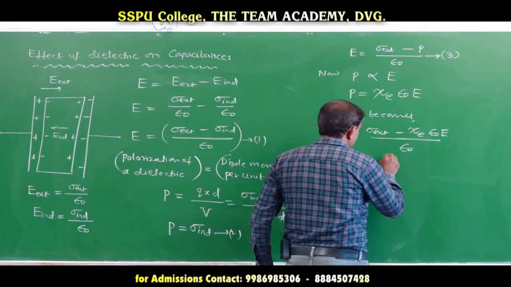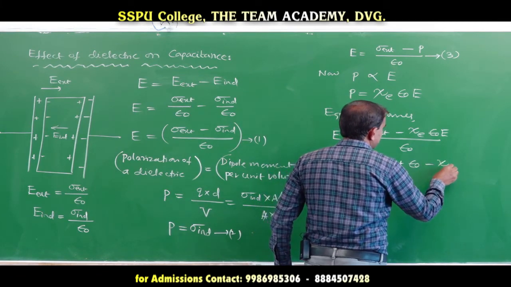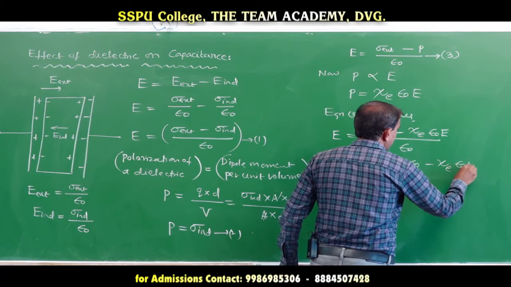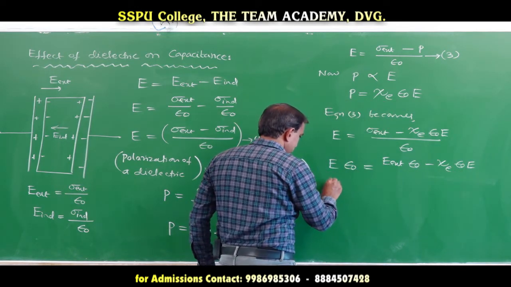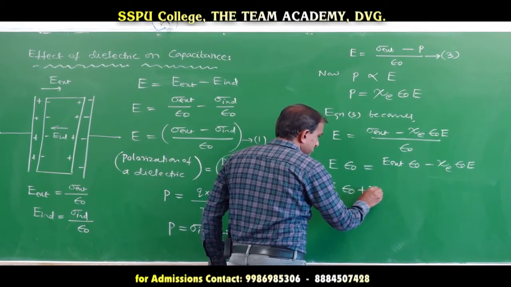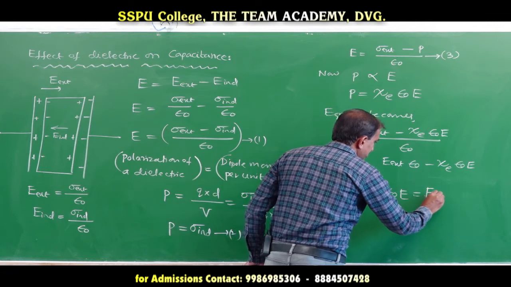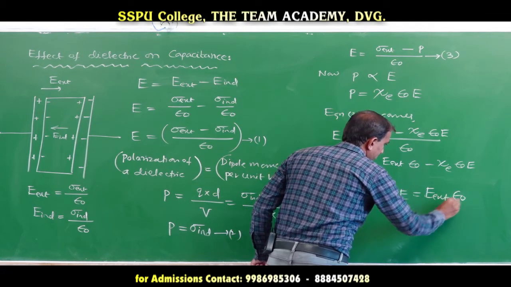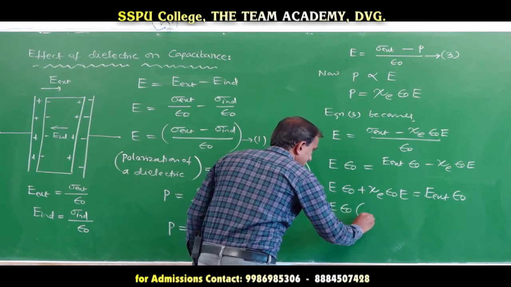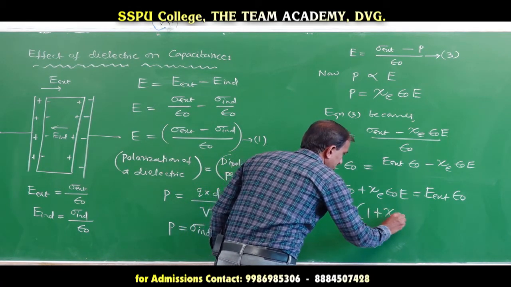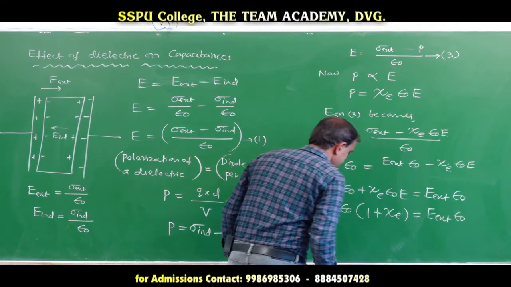So it is E external into epsilon naught minus chi E epsilon naught into E. Take this term to the left side: E epsilon naught plus chi E epsilon naught into E is equal to E external into epsilon naught, or E epsilon naught into 1 plus chi E is equal to E external into epsilon naught.